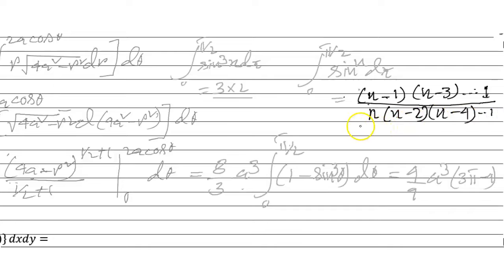So this is the formula, friends. For 3, 3 minus 1 means 2, so it is 2 by 3.